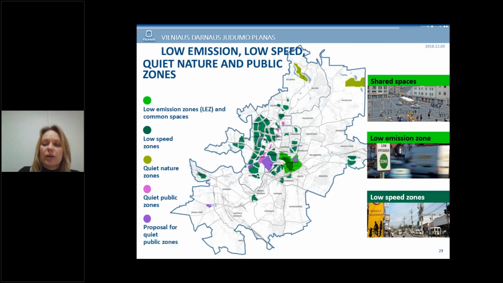And I almost already showed the zones for low emission and low speed, and quite natural and public zones. I think it's also very important, because without having this we cannot draw main pedestrian streams and areas.